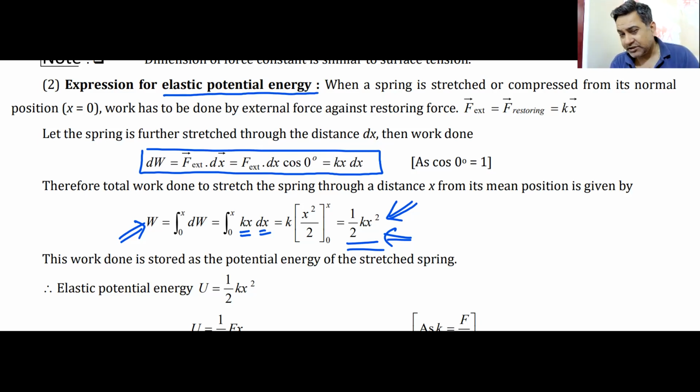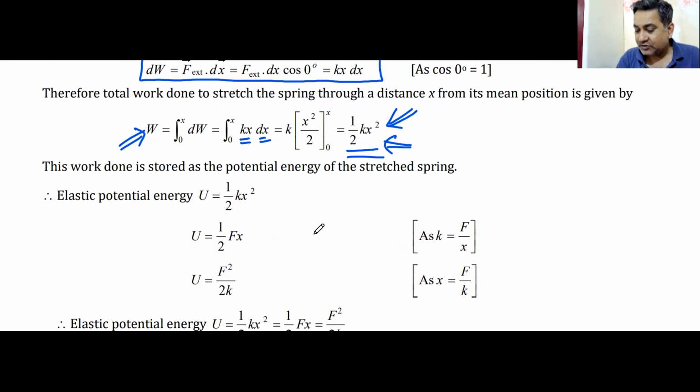Now remember, there was a question in the paper where force and displacement were given and you were supposed to answer in which case the energy is more. So how to do this? There are three different formulas that you can formulate for the elastic potential energy.